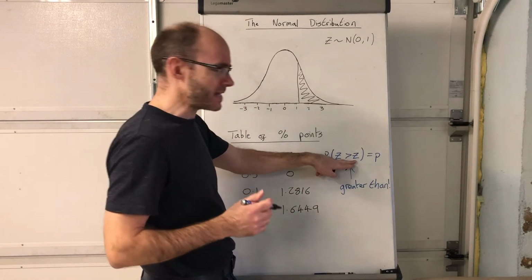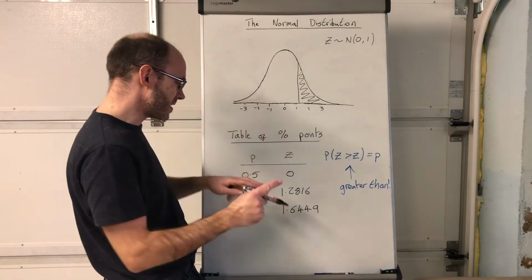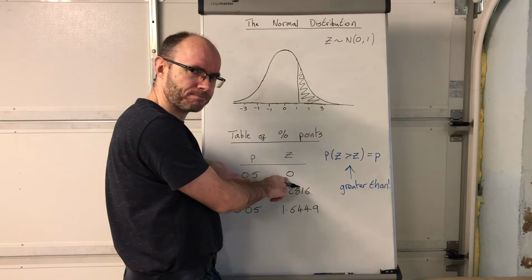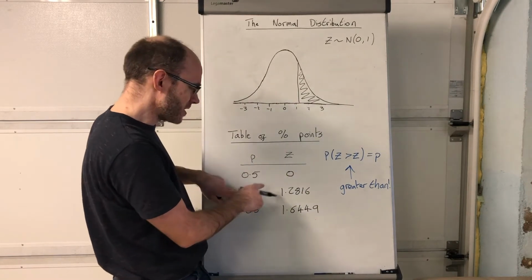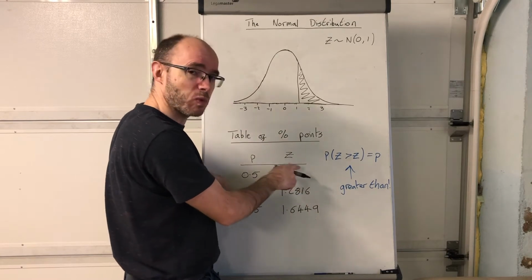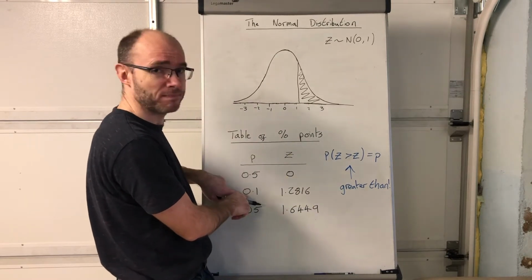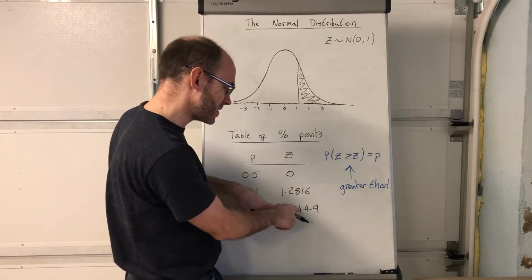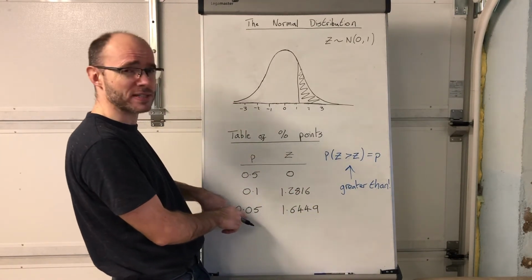The probability of that is P. So this value means the probability that z is greater than 0. This means the probability that z is greater than 1.2816 is 0.1. And this one says the probability that z is greater than 1.6449 is 0.05.